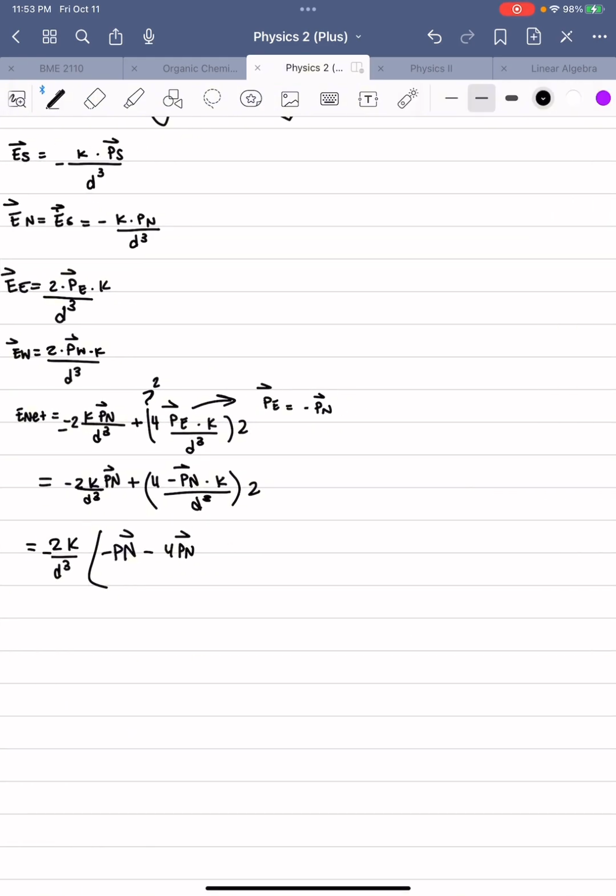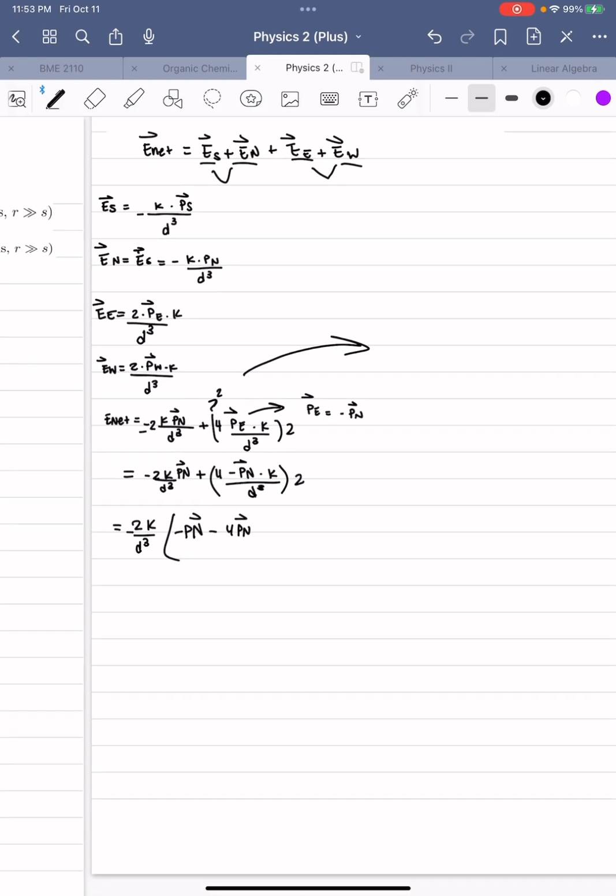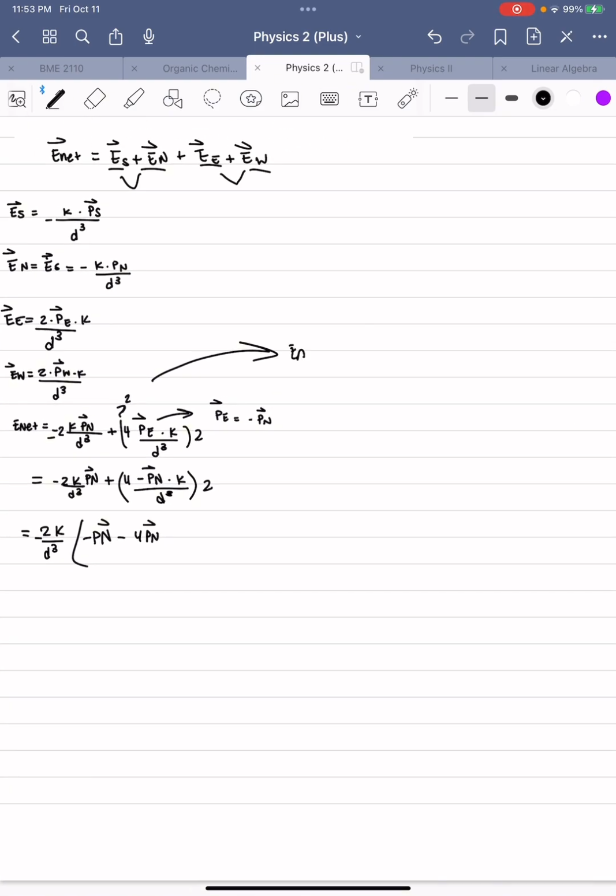It's just what they did here. When we write it out, E net is equal to this whole thing. So they said these are the same, so 2 E north plus 2 E east, right? And then they plugged everything in, and that's why they got another answer.